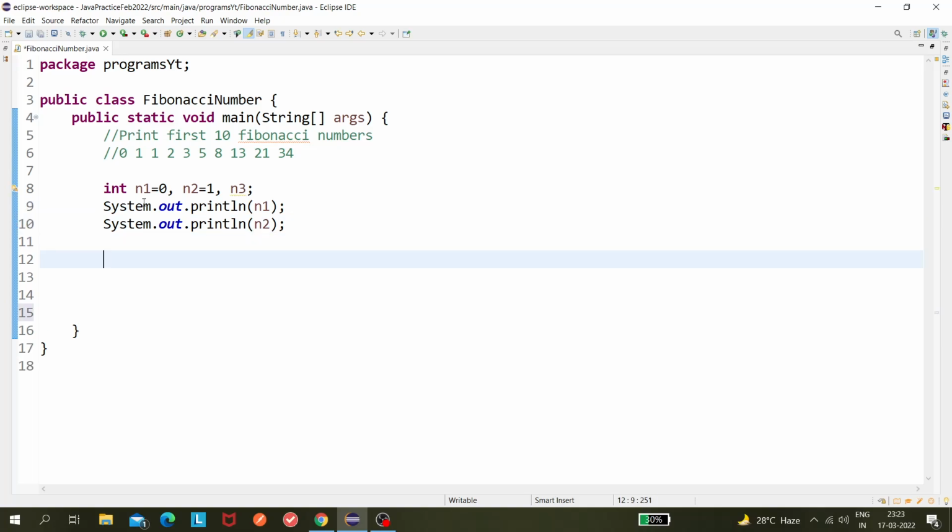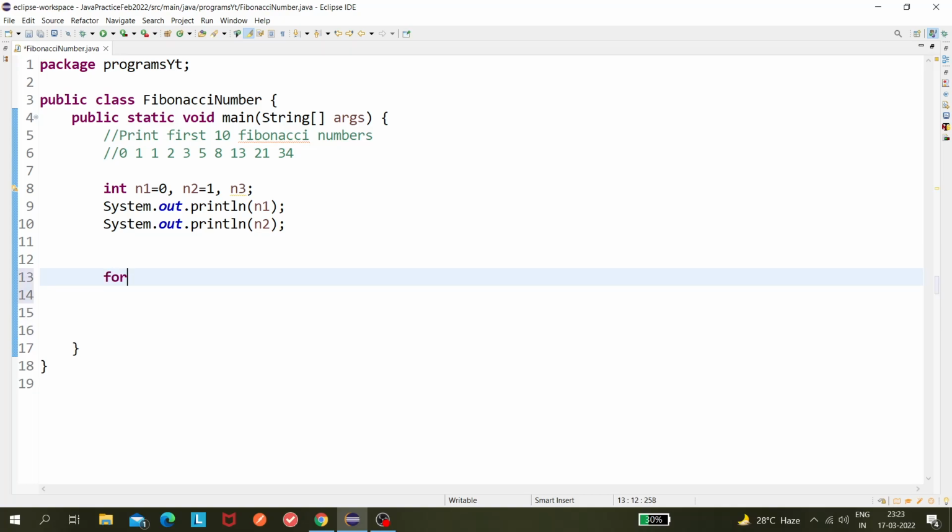Okay, so next we have to run a for loop, right? So int i equals 2, because 0 and 1 are already printed and we have to start from 2, i less than 10, and i plus plus.